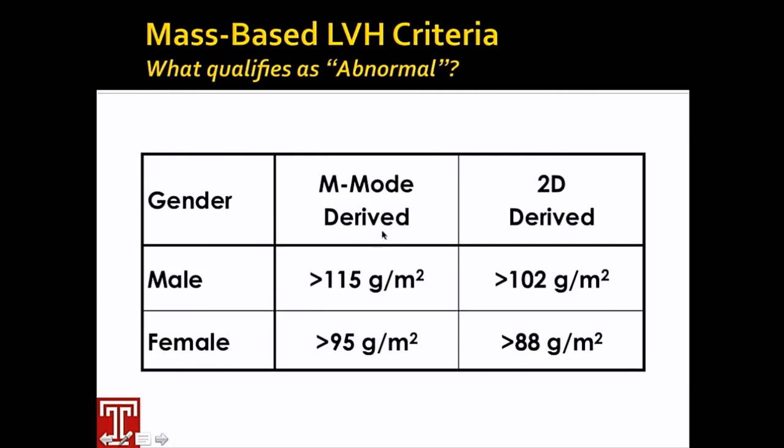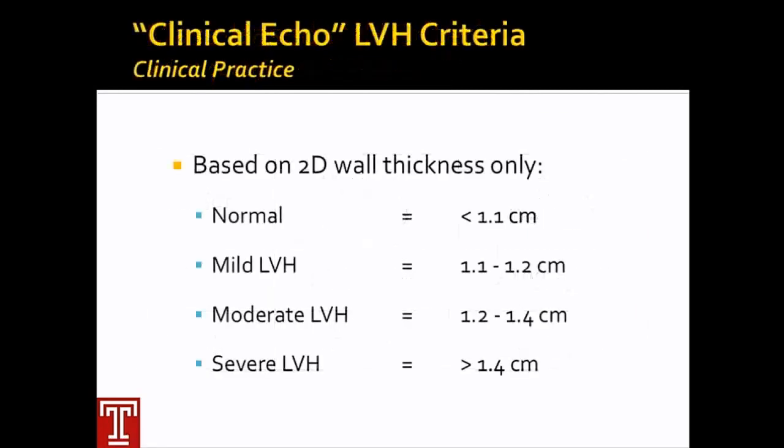It also depends on whether it's M mode or 2D derived. What you'll see mostly on exams and in papers, etc., is greater than 115 grams per meter squared for men, greater than 95 grams per meter squared for women. But don't be surprised if in a 2D situation they're mentioning another cut point. But I would commit these to memory so that you take that into account.